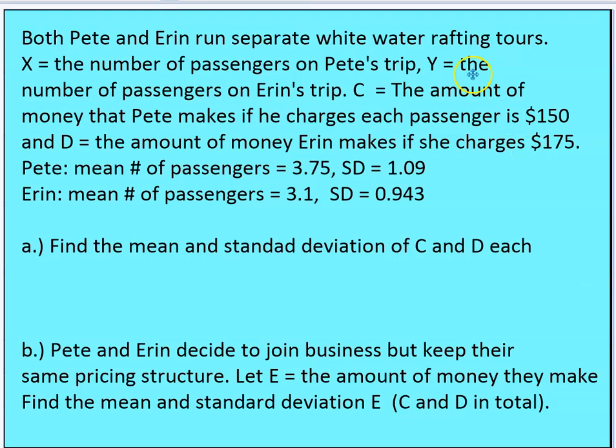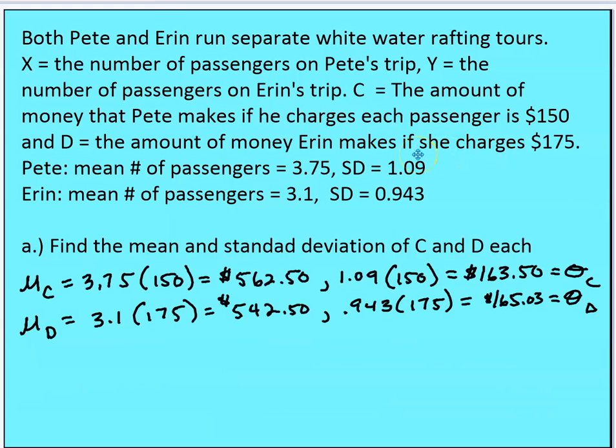Find the mean and the standard deviation of E, which is the total of C and D. All right, so let's take this in pieces. You can pause here to read through this again. So the mean and standard deviation of C and D. The mean is going to be 3.75 times 150, which is what Pete charges. That's 562.50. And the standard deviation is 1.09 times 150.